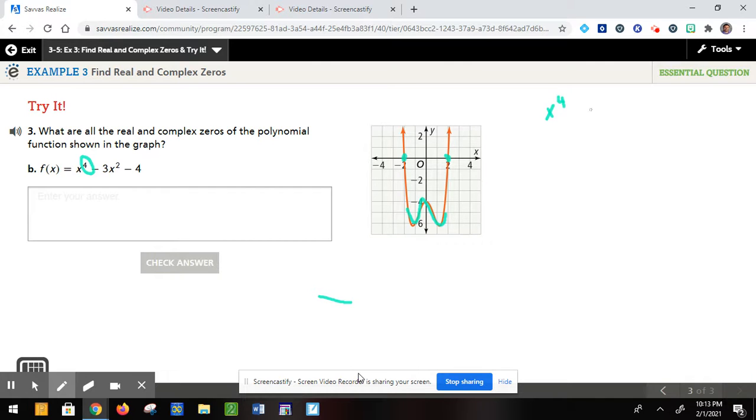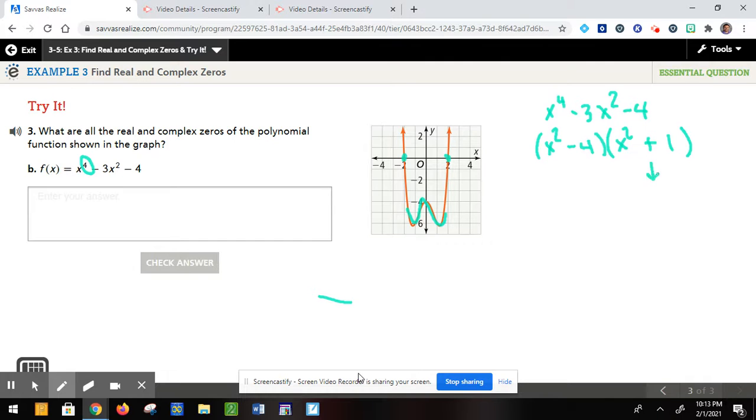So you have x to the 4th minus 3x squared minus 4. What I mean by factor it like a quadratic is that's x to the 4th, you've got x squared here and here, but you're just going to factor, like what multiplies to -4 and adds to -3. So it'd be -4 and +1. That pair of numbers multiplies to that and adds to that.